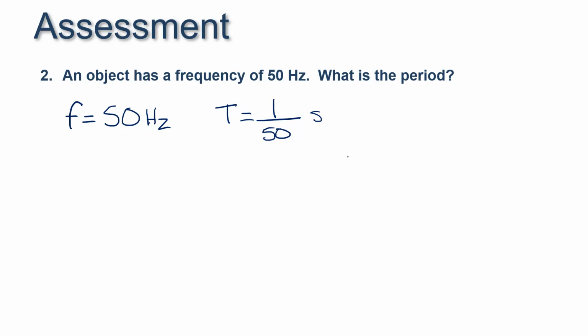Because remember that the frequency is equal to 1 over T. And if you do a little algebra, you multiply both sides by T and divide both sides by f, you get T is 1 over the frequency. T is in seconds, F is in hertz.